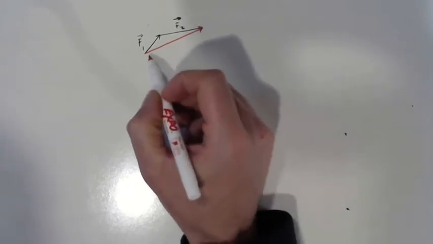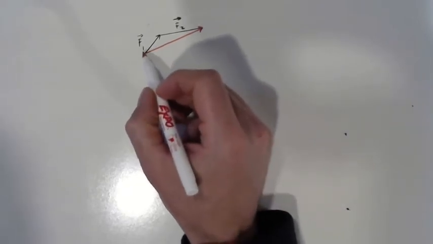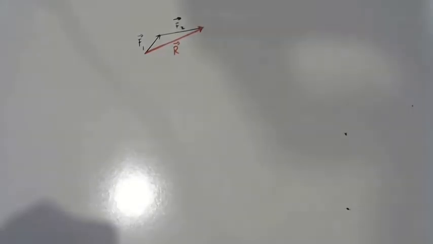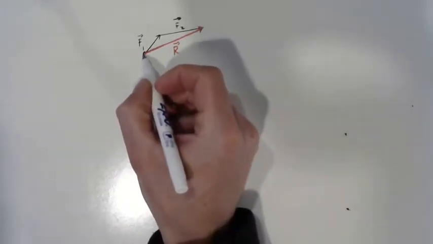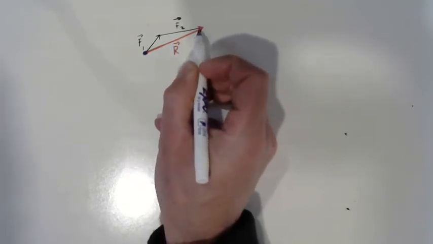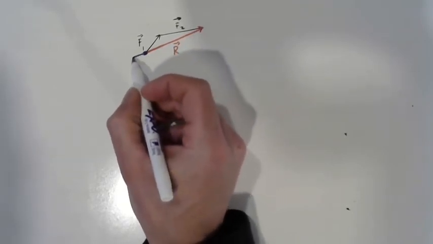The combined force of F1, F2 would be this vector, the resultant. And then the equilibrant vector would be the vector that, if we set it up tail to tail, is equal in magnitude to the resultant, but opposite.